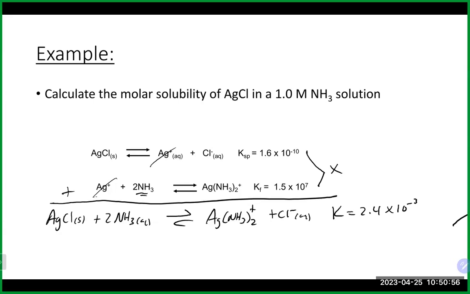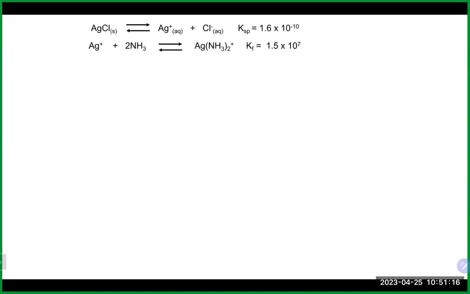So in this particular problem, we're actually looking for molar solubility, which means this reaction is really more of a KSP type problem like we've done before. So that is what we're going to do. I'm just going to flip the page here and do it over here.